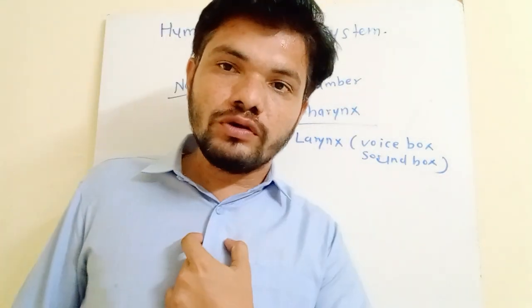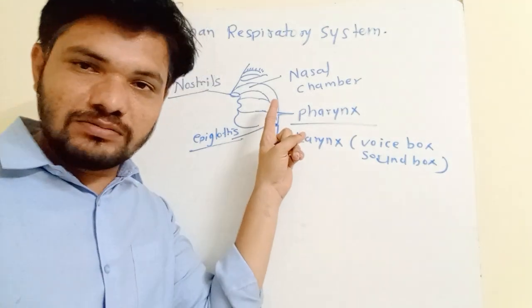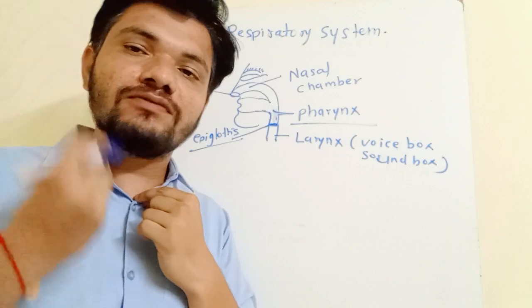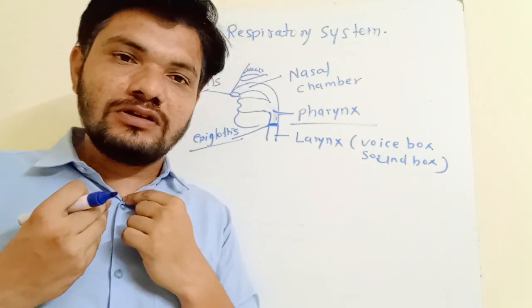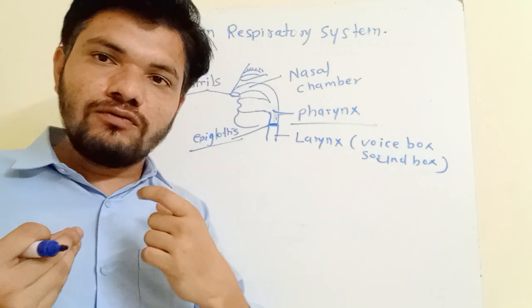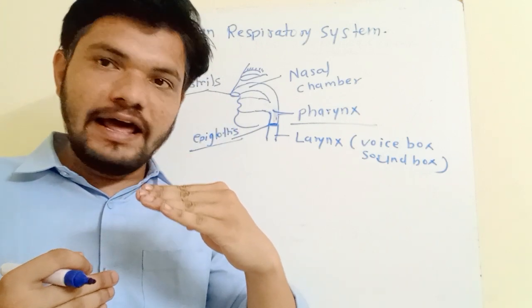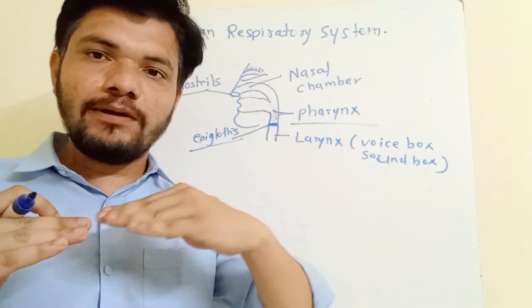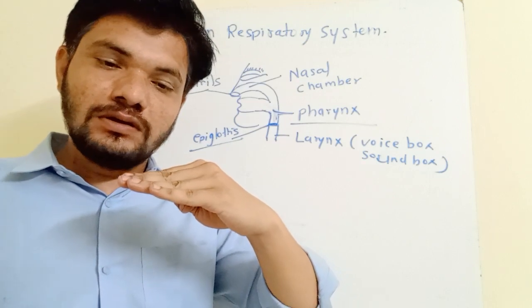Pharynx is a common part for our digestive and respiratory tract. Food is entering from the pharynx, and the air which you are taking is also entering from the pharynx. So whenever you swallow food, it should not go into your larynx. That's why the larynx is covered by epiglottis, and then food enters into the esophagus.